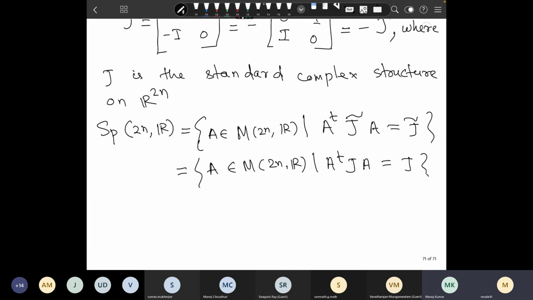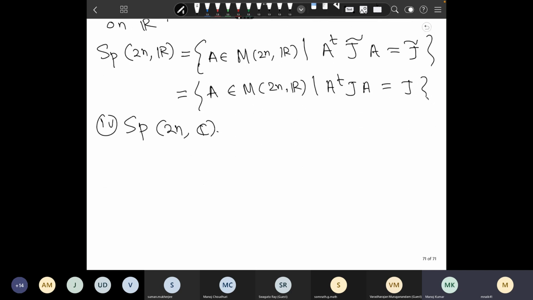Similarly, we can define this as something, Sp(2n,C). You define the same thing. This is the complex symplectic group.